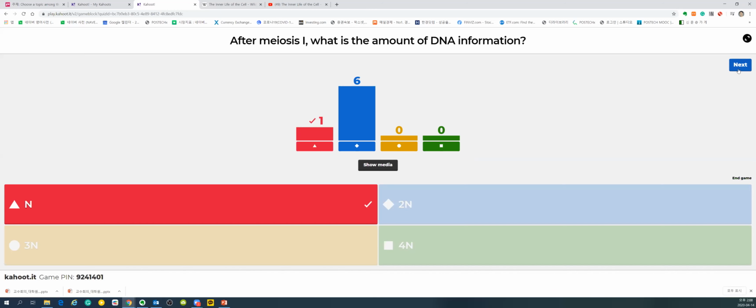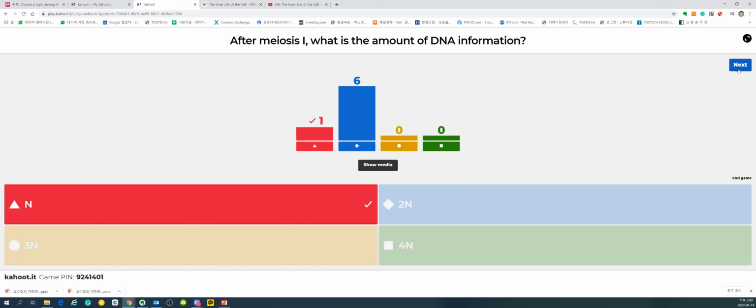That means it's exactly the same copy in one cell, isn't it? So originally one copy was from father. The other copy was from mother. Now, after they synthesize those chromosomes, those same chromosomes move to one cell. That's happening in meiosis 1.